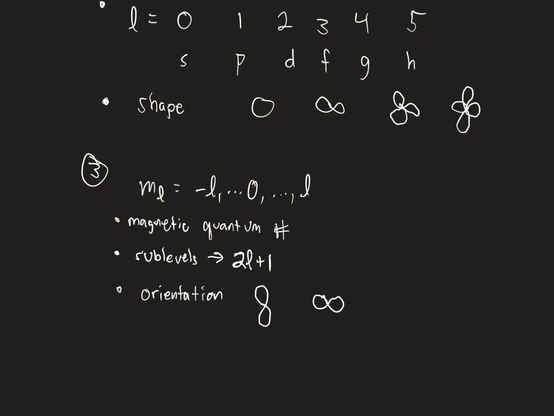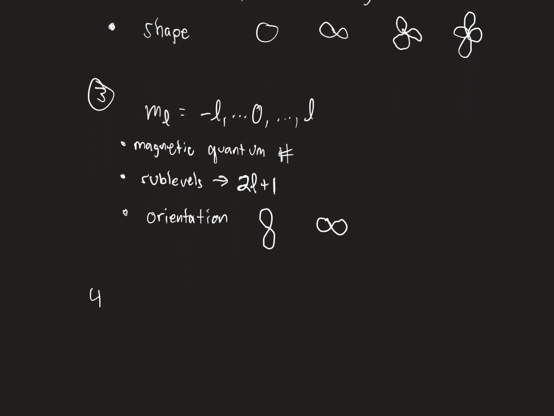All right. And then last of all, the fourth quantum number is M sub S. M sub S is the easiest one. It's positive 1/2 and negative 1/2. Every state that you have inside of an orbit, inside of an atom, every combination of the above 3 quantum numbers can also have an M sub S that's equal to positive 1/2 or an M sub S that's equal to negative 1/2.